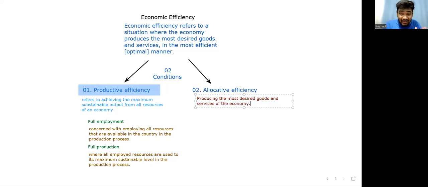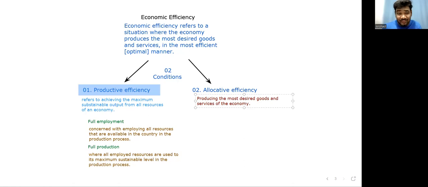So productive efficiency is saying using all your resources, getting the maximum sustainable output. Fine. Allocative efficiency is saying, look here, you're producing the most desired goods and services, what the society actually wants. No point in producing otherwise. Think of two people.